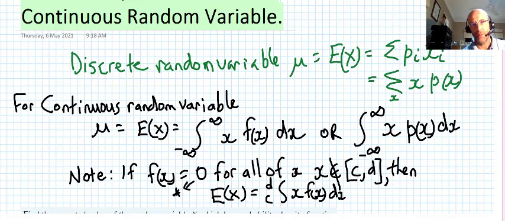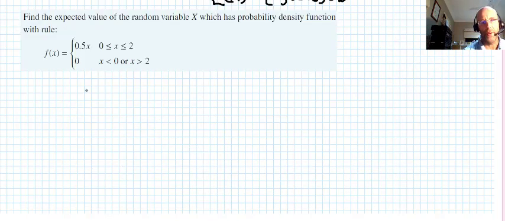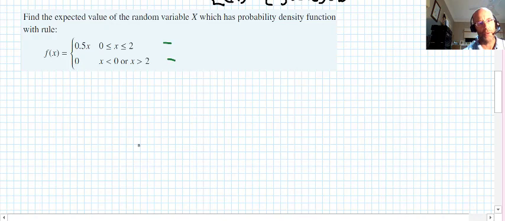We'll look at an example and I'll show you what I mean. Find the expected value of the random variable x which has a probability density function with this rule in our familiar piecewise scenarios.